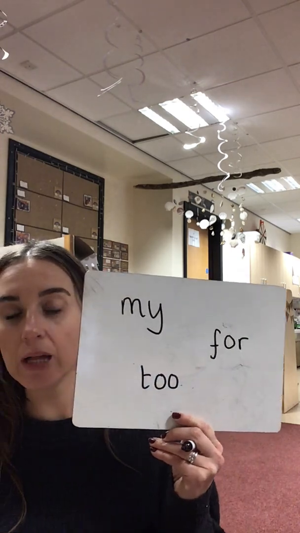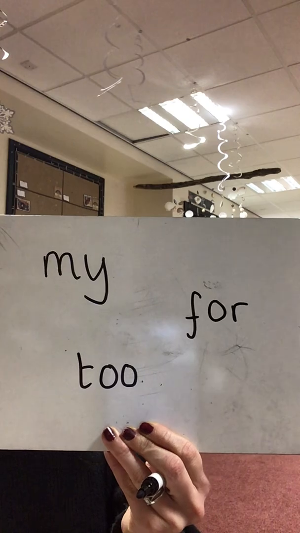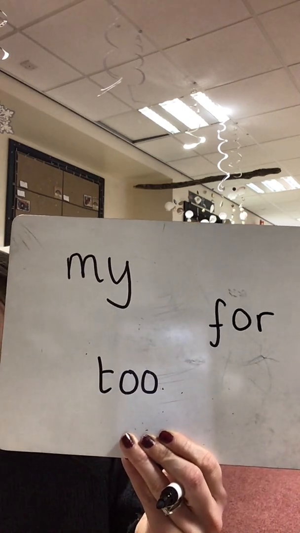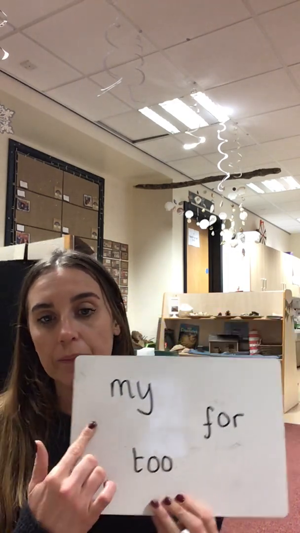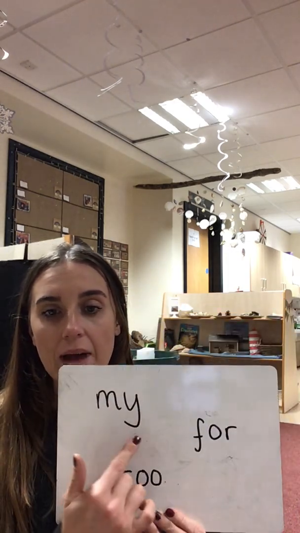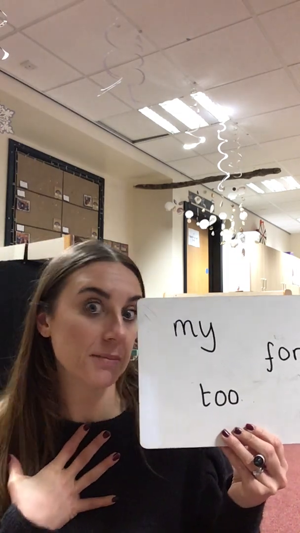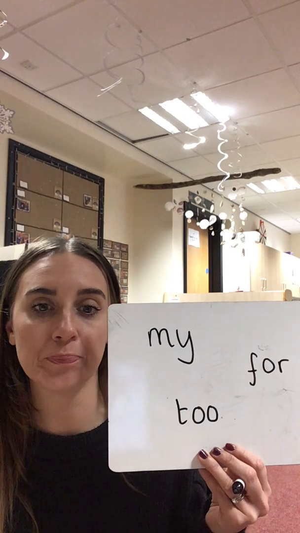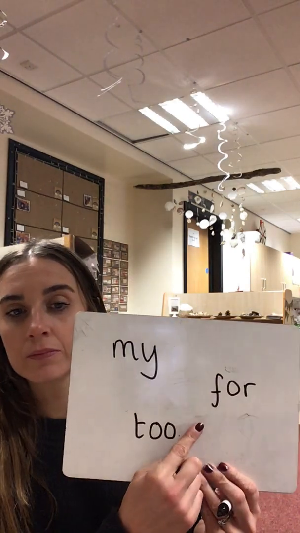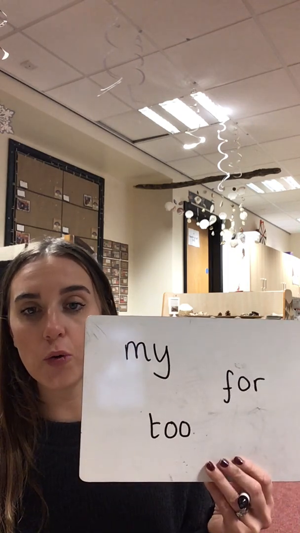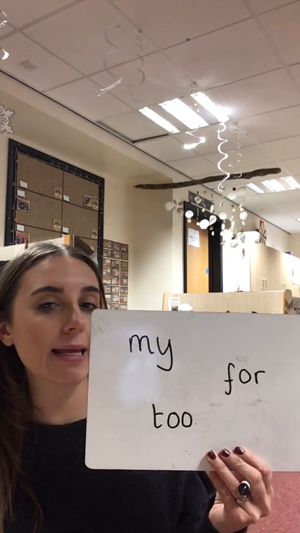Okay, so first of all, I'll hold the board up and you see if you can just read them. Let's have a look. So the first one, m and y is my. My name is Mrs. Cunningham. My. And the next one, for. I want cake for my tea.